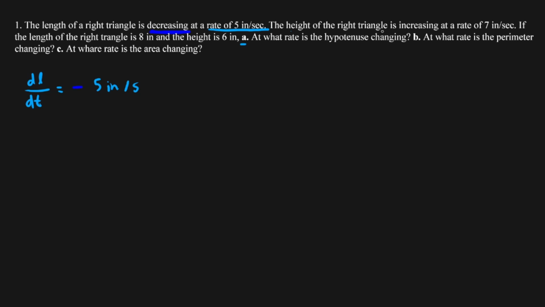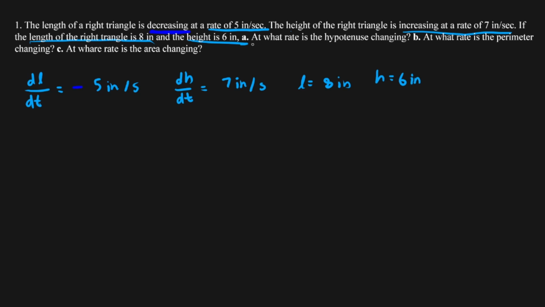The height is increasing at a rate of 7 inches per second, so the derivative of height with respect to time is 7 inches per second. And we know the length is equal to 8 inches, and the height is equal to 6 inches.